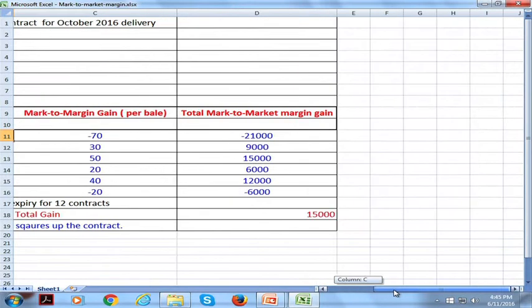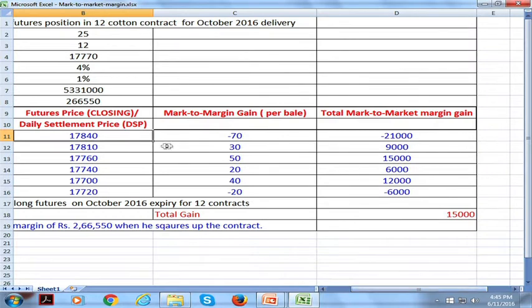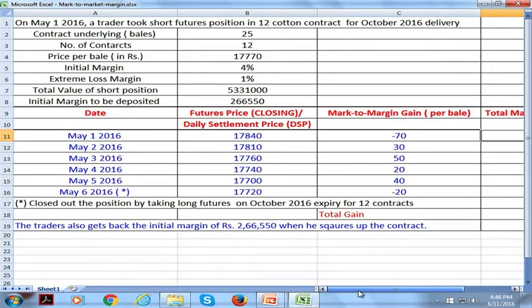So, that leads to a mark to market gain of minus 70, meaning a mark to market loss of 70 rupees. So, total mark to market margin gain is minus 21,000. That means this cotton producer is going to give 21,000 to the counterparty.